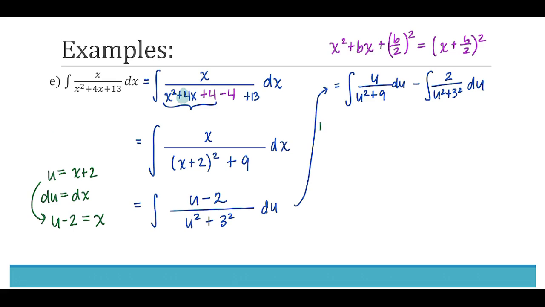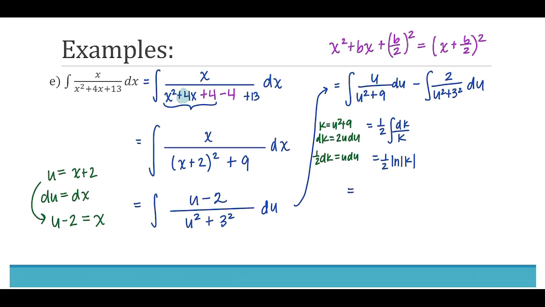So I'm going to have k is equal to u squared plus 9, then dk is 2u du, or 1/2 dk is equal to u du. So this first integral is going to be equal to 1/2 the integral of dk over k. Well, since it's just k on the bottom, I can find the antiderivative as natural log of the absolute value of k.